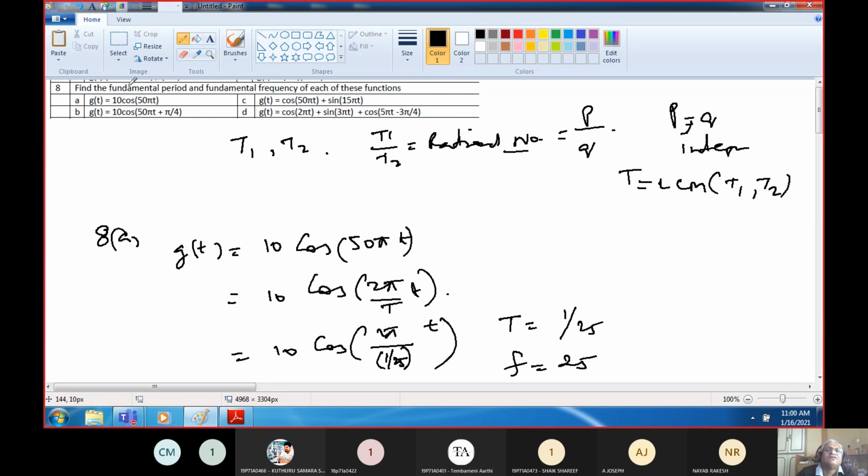Now, what is the fundamental period? There is only one cosine wave here. Only one wave is there, so there is no second one. Only T1 is there, no T2, no T3.